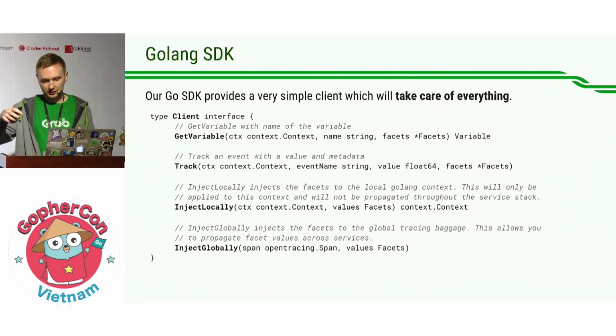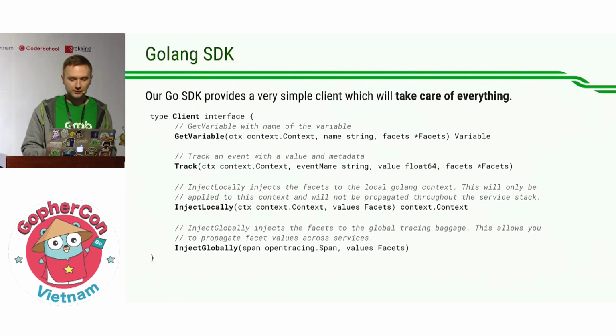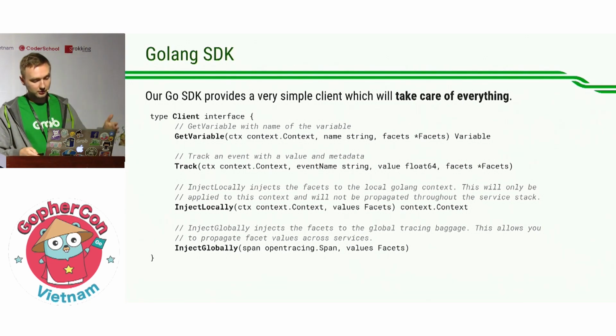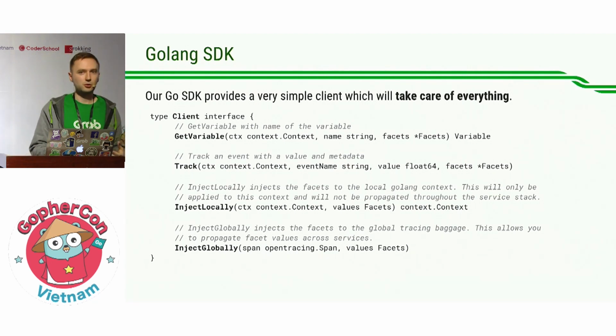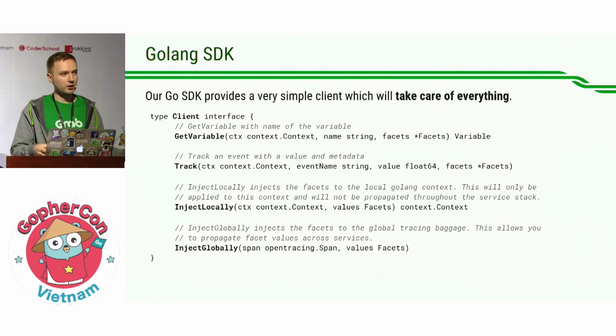You can inject those facets into a Golang context, and we'll create a new Golang context which carries over the function call. On top of that, we can also inject globally. We use OpenTracing, and we can inject some context in OpenTracing so it can carry through microservice calls as well.